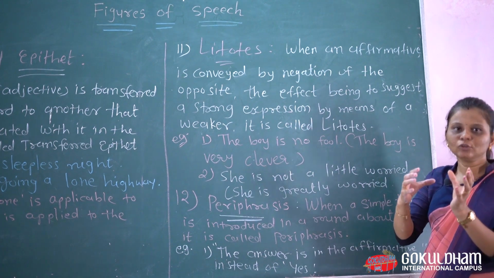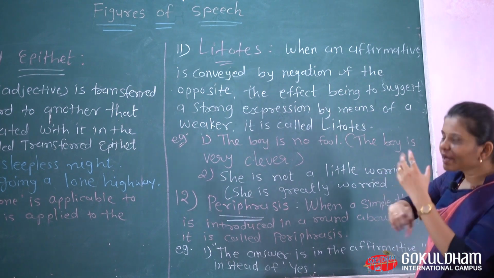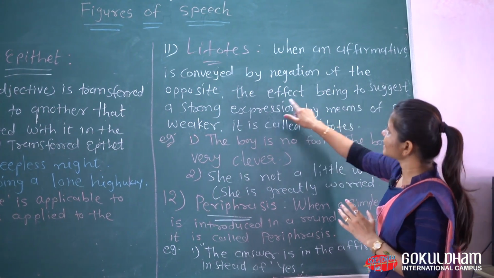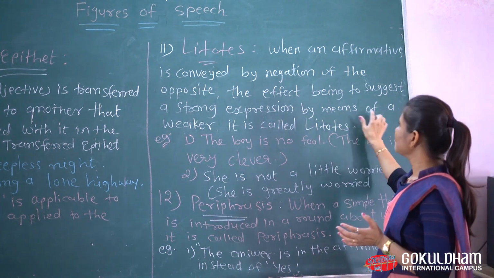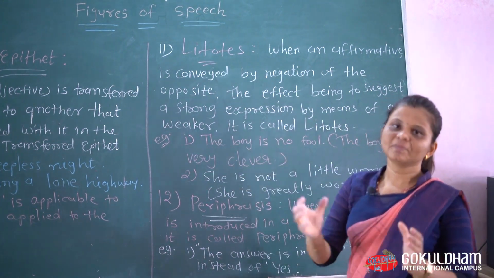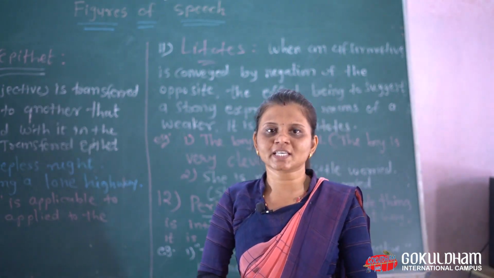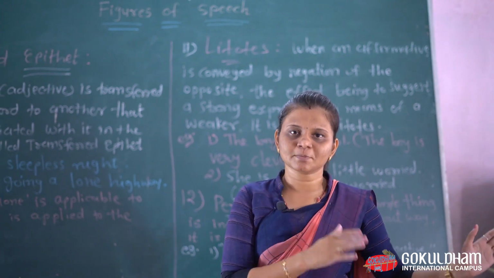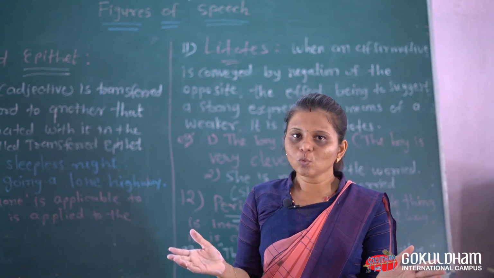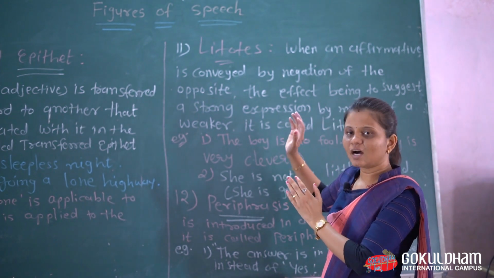It means affirmative things you use in a negative way, in a weaker way. Then the effect suggests a strong expression by means of a weaker. So if there is a weaker expression, you express it in a strong way. At that time, this figure is connected.